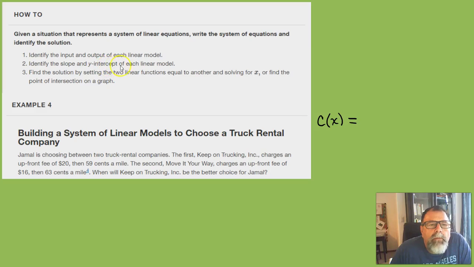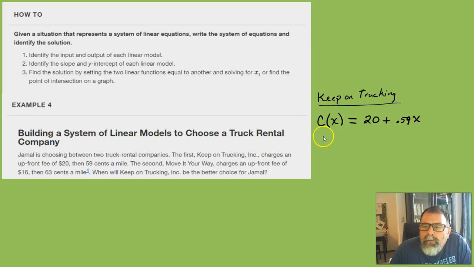Okay, identify slope and y-intercept of each model. So for the Keep On Trucking, we'll say it is $20 upfront fee plus the rate of change is 59 cents per mile, so 0.59x.